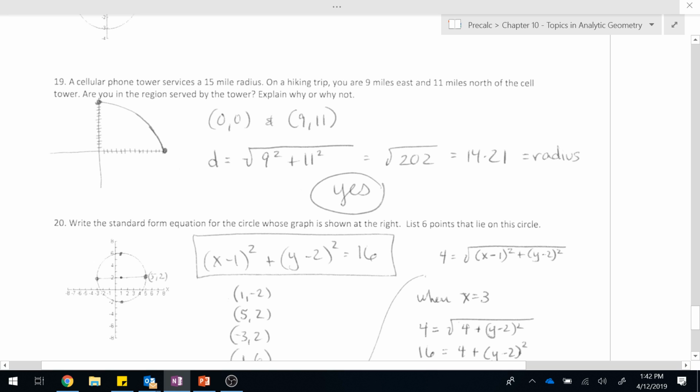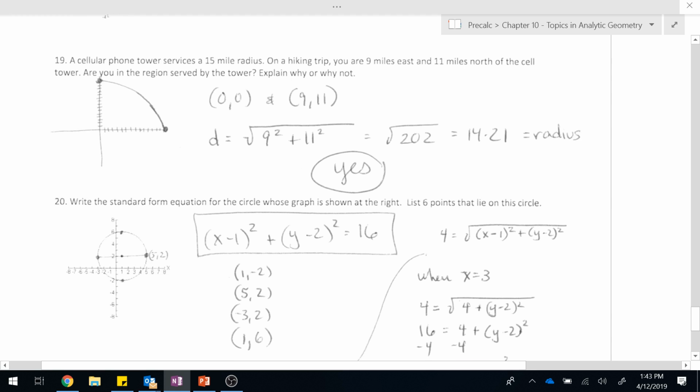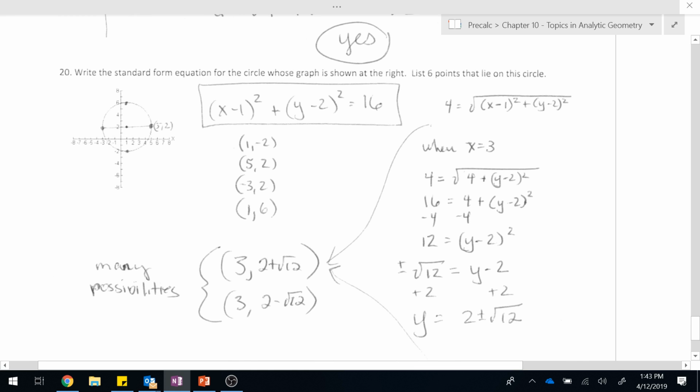Okay, the answer is yes in this case, because if you have 9 miles east, 11 miles north, your point (9, 11) is inside our arc here. The radius is 15. If you calculate the distance to that point from (0, 0) to (9, 11), you get 14.21, which is less than 15. So yes, you will get reception. Well, you really got to turn it off and enjoy the view. That's the way it ought to be.